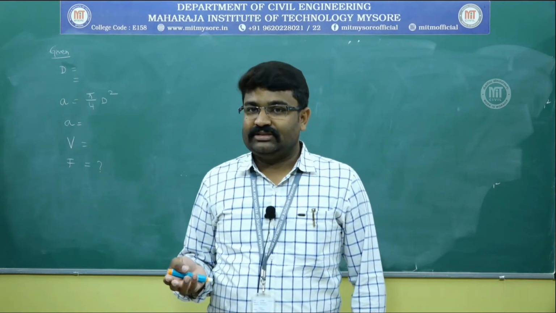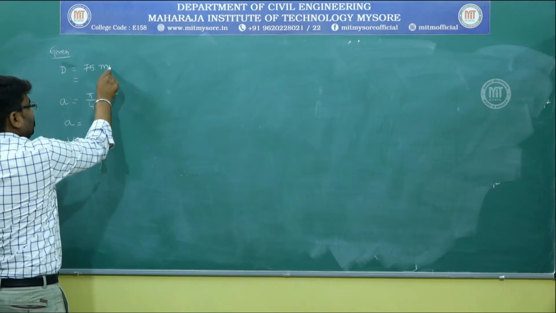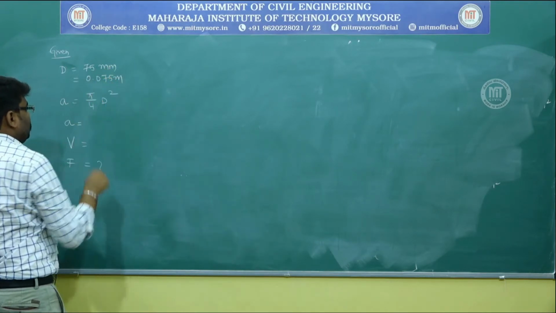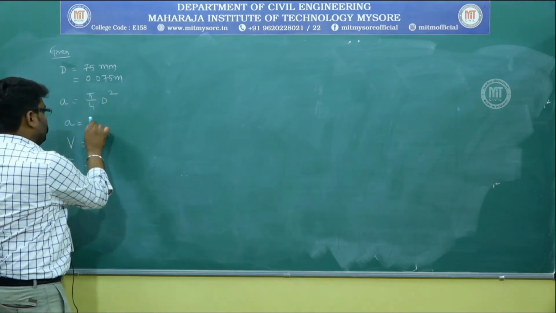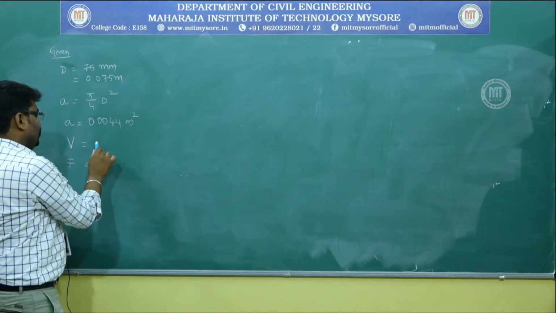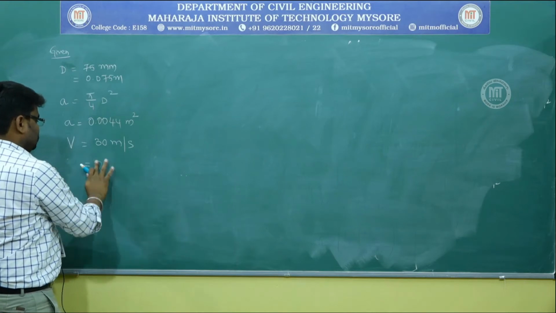so that you need not have to remember any of the equations. From the given data, diameter is 75 millimeter, that is 0.075 meter. That fetches me the area of 0.0044 meter square, and the velocity with which it is moving is 30 meter per second.